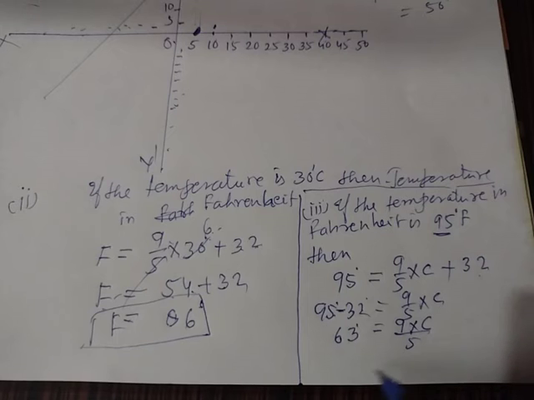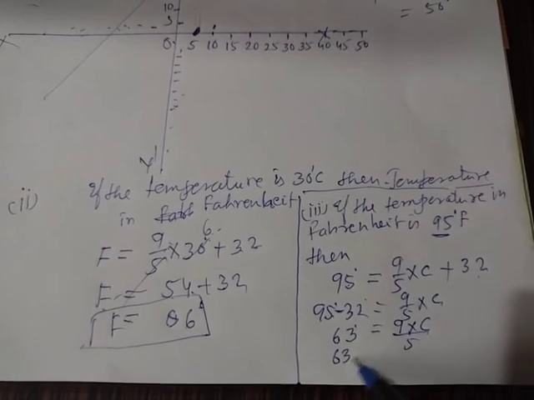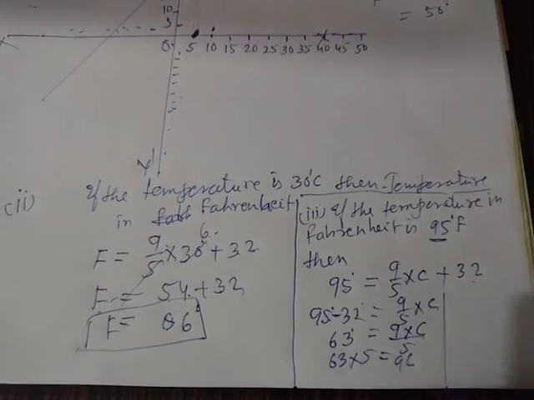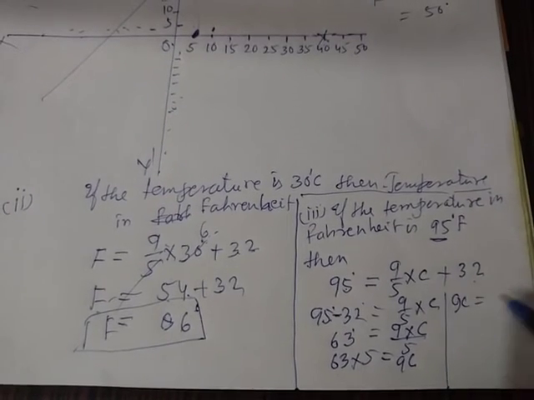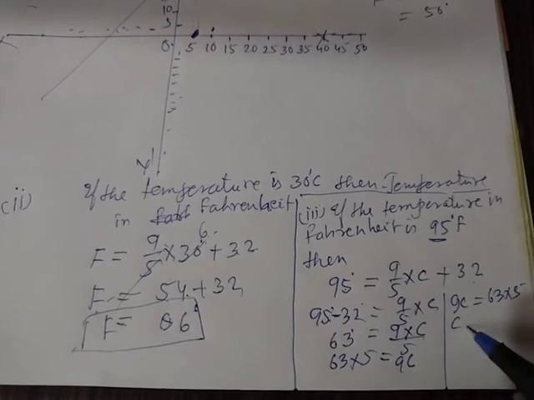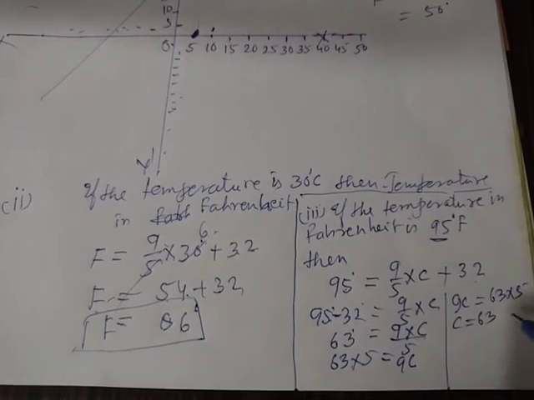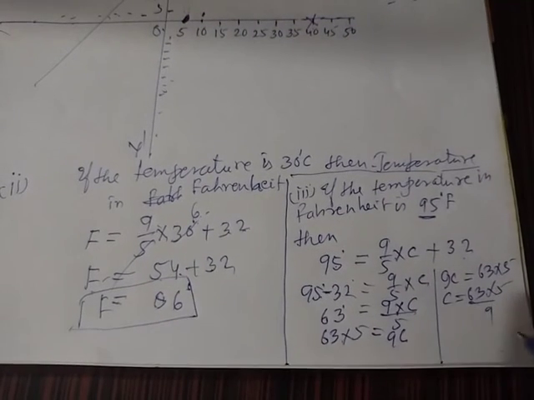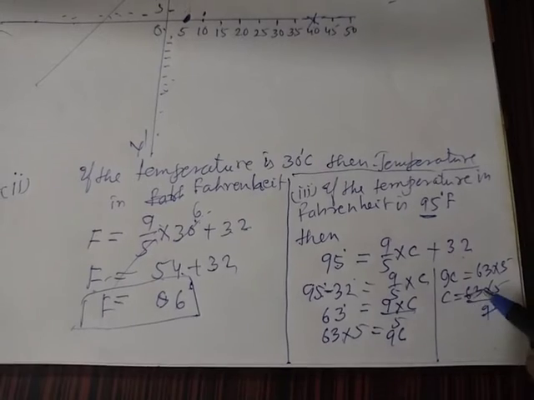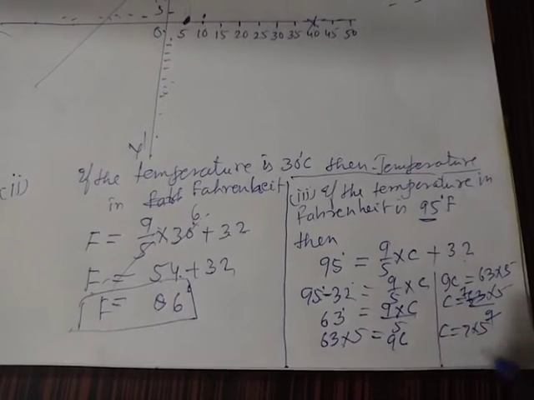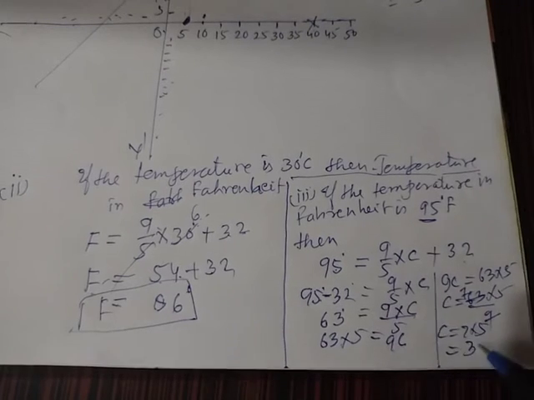Now you cross multiply: 63 into 5 equals 9C, so C is equal to 63 into 5 upon 9. 9 times 7 is 63, so C is equal to 7 into 5, which is 35 degrees Celsius.